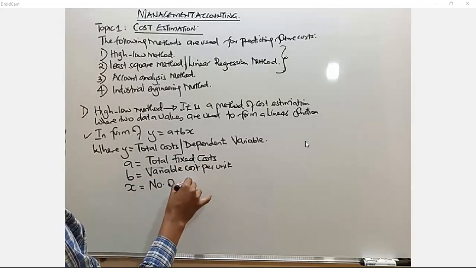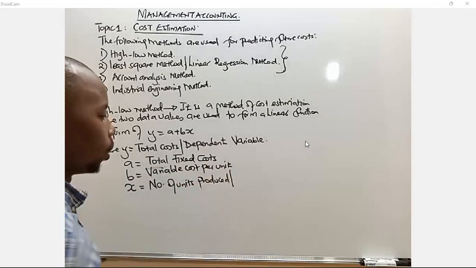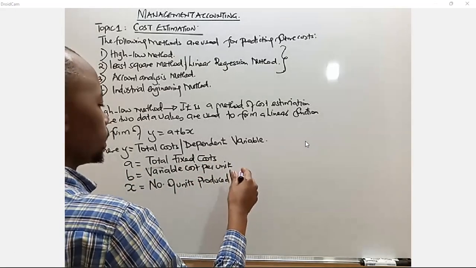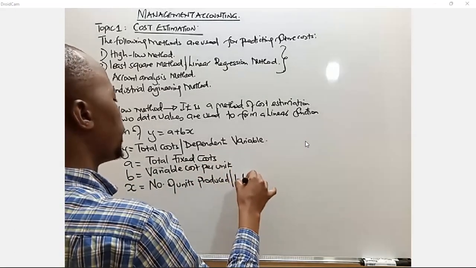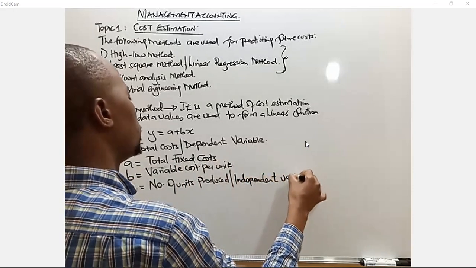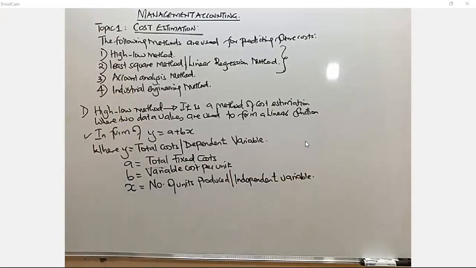Sometimes it might not be units, right? Looking at the data provided by the examiner, our x might be our independent variable. That is how you normally differentiate the two.